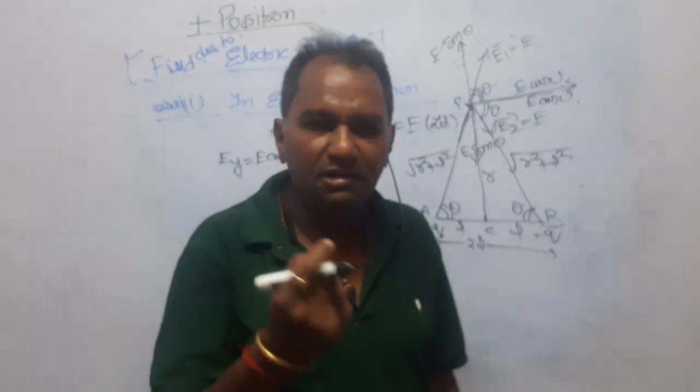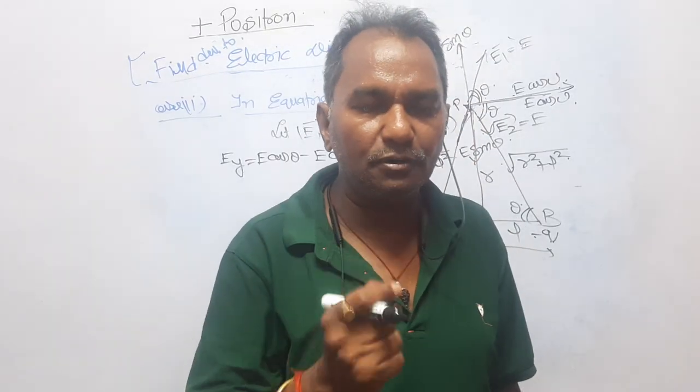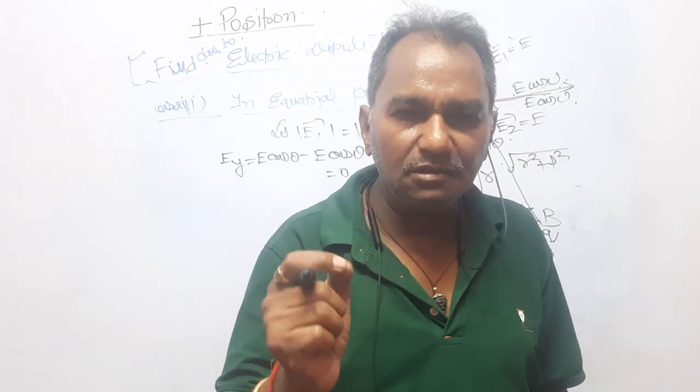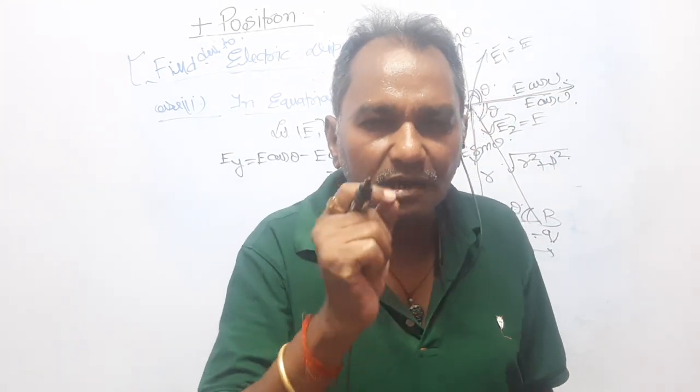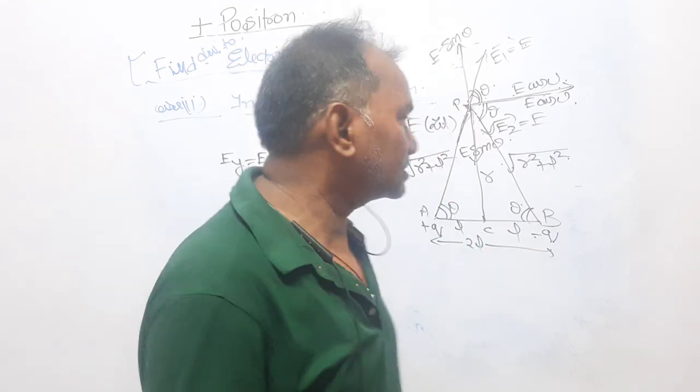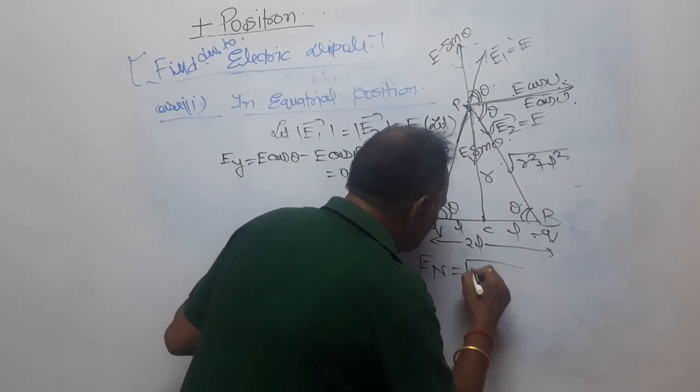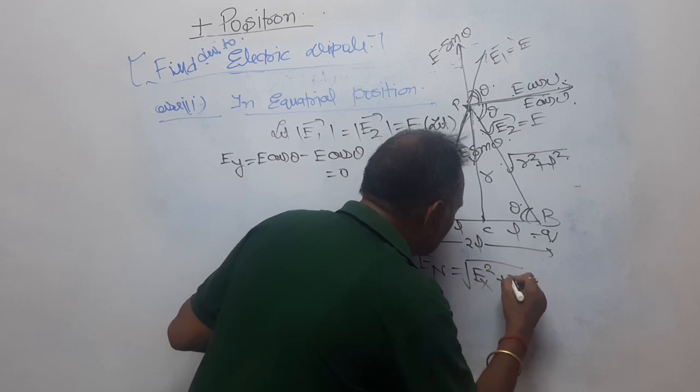Now what is the net field? If you have got the two components, that is Ex, Ey, then the net component En is equal to under root Ex square plus Ey square.